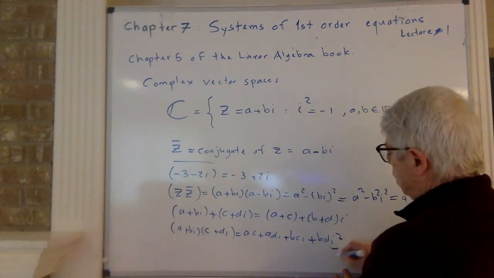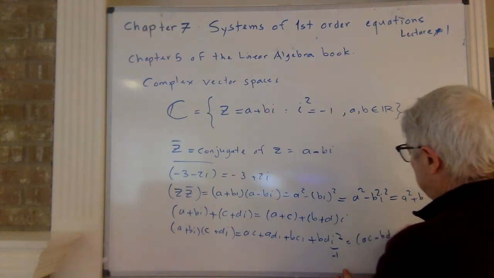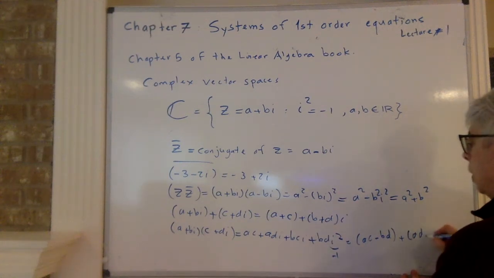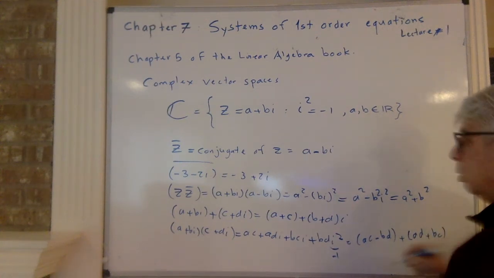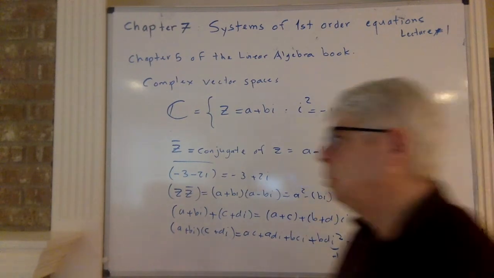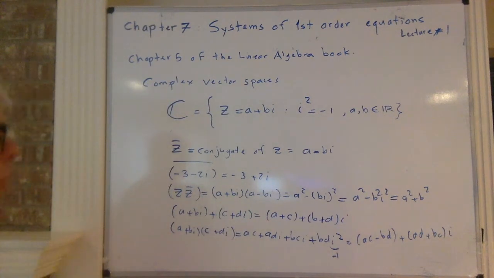So this will be (ac minus bd) plus (ad plus bc)i. But I don't think we need more than this.